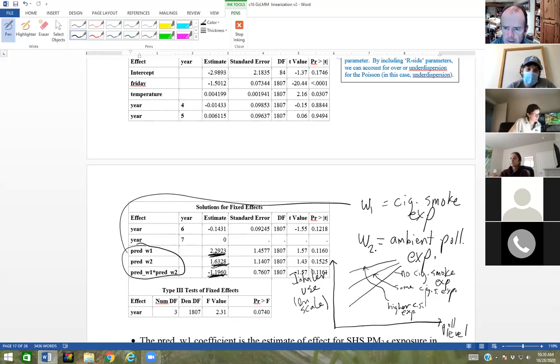But to Jonathan's point, what we can do with this model is see how a relationship between one variable and an outcome is modified by another one because we have the interaction in there. But I would say that you can get everything you need out of this model. You don't have to refit a model just with main effects in it. It's just being careful about how to interpret the effects that you have.